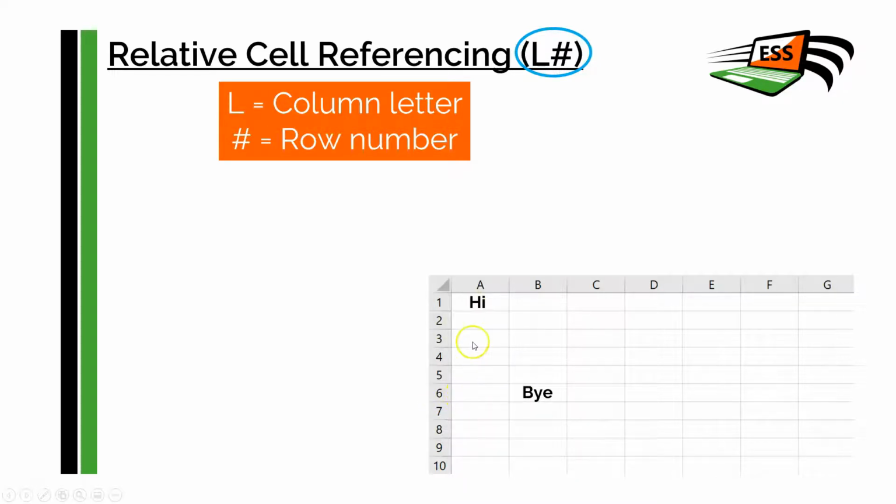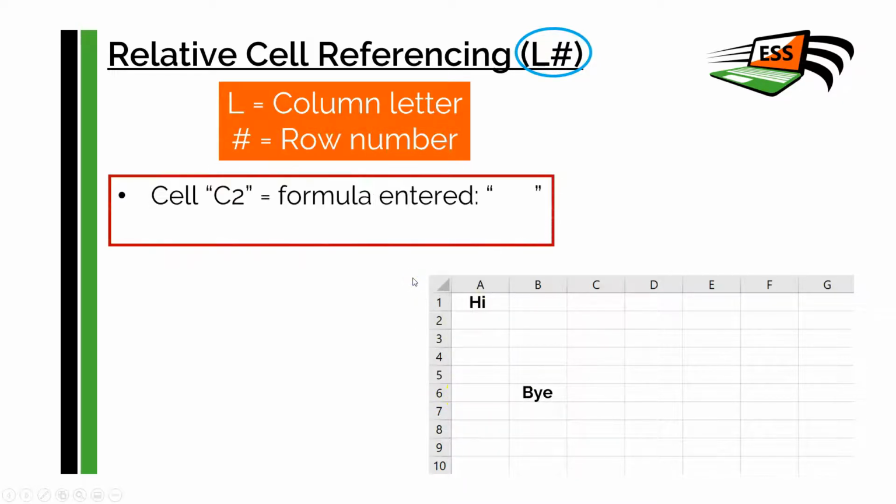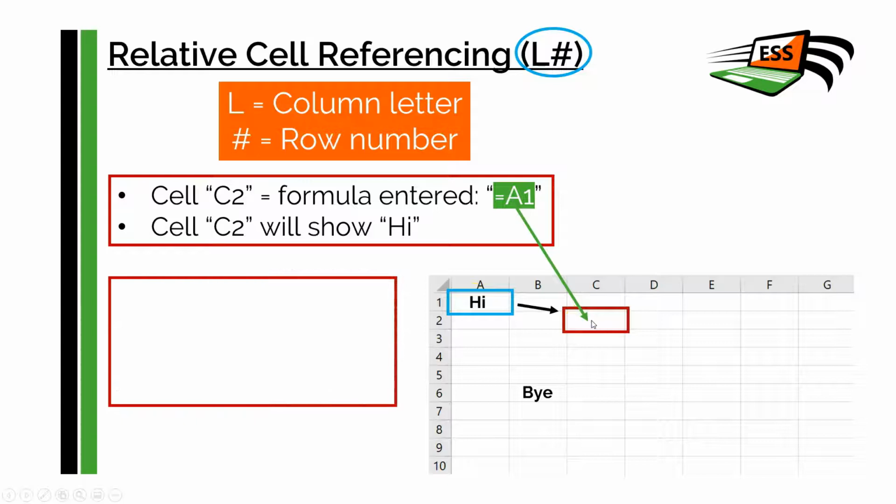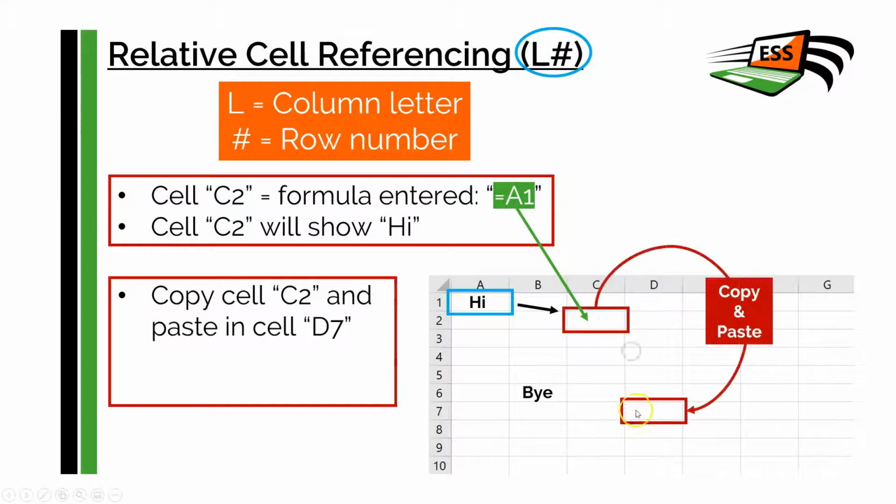So let's use this example where we will go to cell C2, we'll put in a formula, equals A1. It will take that information from "hi" and place it within C2. When you copy that same cell of C2 and paste it within D7, it will then populate it with the word "bye".